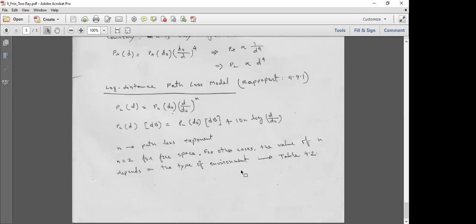Later we will discuss many other models, and we'll see that you can also consider some random variation.